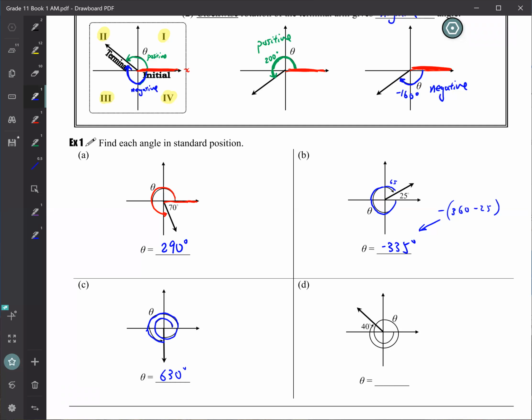This one you can keep on adding. That's one way, right? Or another way you can think of it is you do one circle, 360, another circle, so 720, and then go back, right? 720 take away 90. So either way, right?